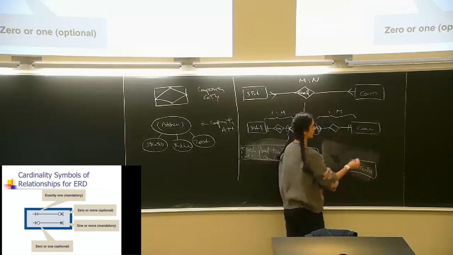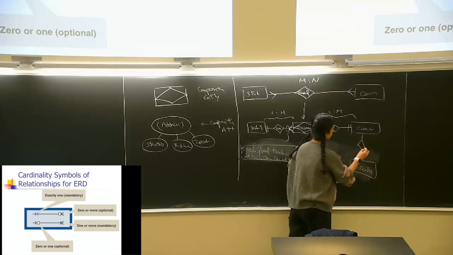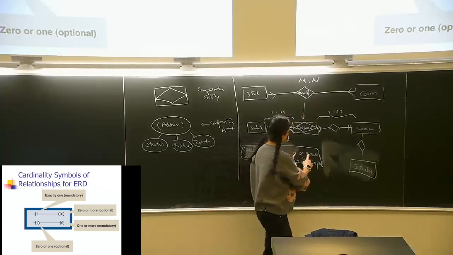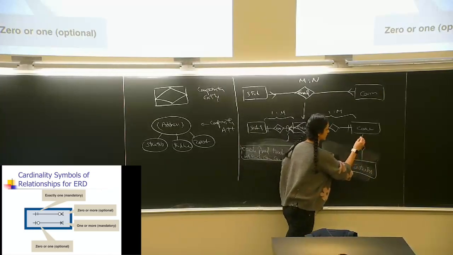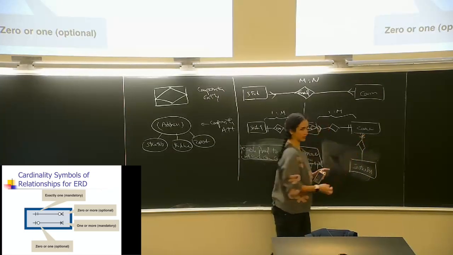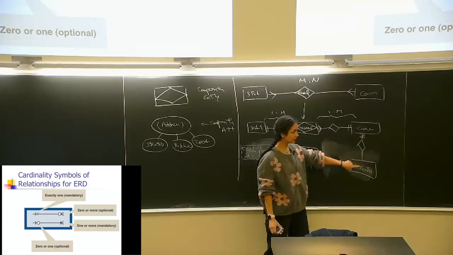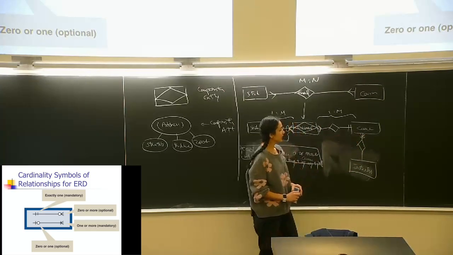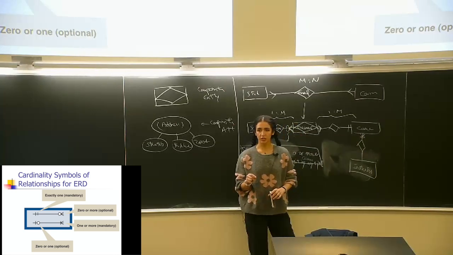Now, what is the relationship between course and instructor? If you say each instructor teaches 0 or more courses, this is how you show it, right? If I say each instructor should teach at least 1 course, is this optional or mandatory? Mandatory.